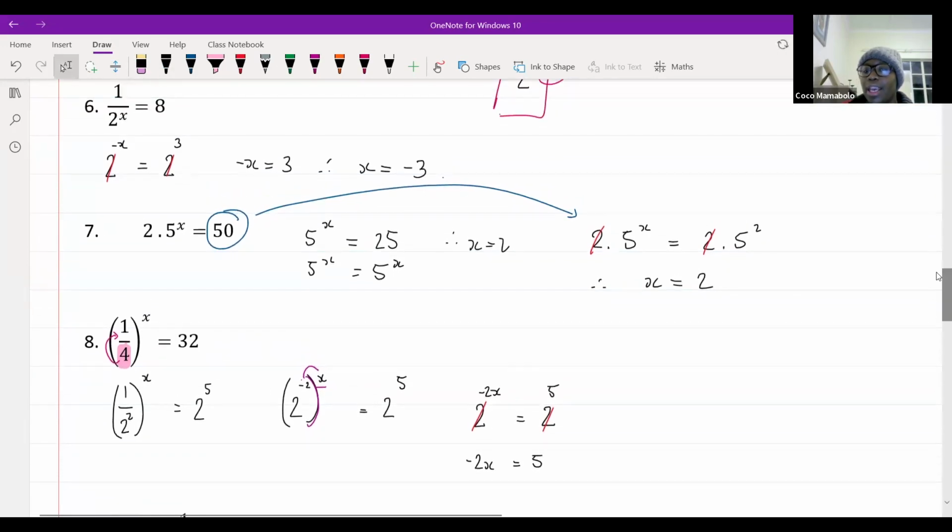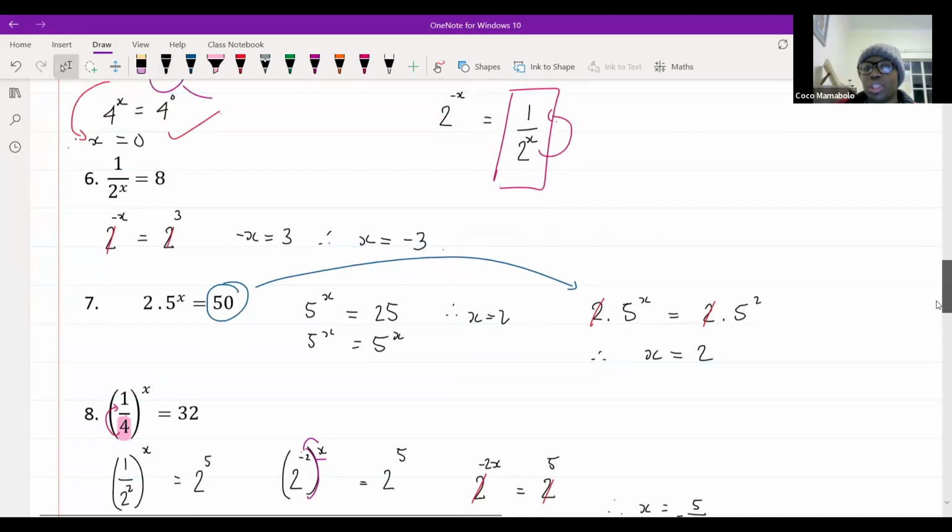All right, and then in this particular question, I would divide by negative 2 on both sides. We mustn't be afraid of fractions in our answer, guys. Fractions are exactly the same as any other answer. As long as we've done the mathematics correct, we should get the correct answer. Negative 5/2.